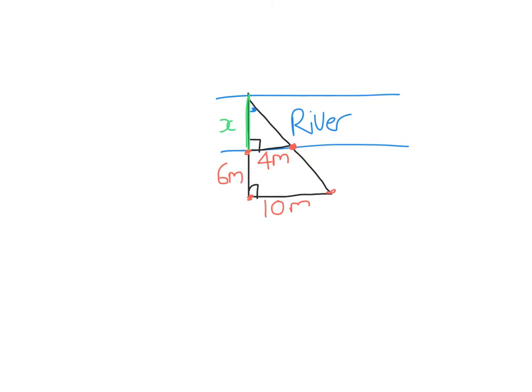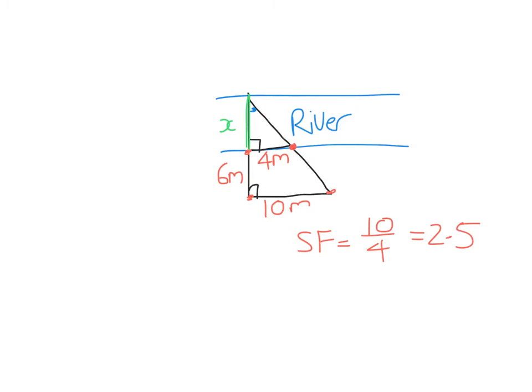So we can easily calculate the value of x. So the scale factor is easy to calculate. It's just side in the larger shape over corresponding side in the smaller shape. Scale factor 2.5, each side in this large triangle is 2.5 times its corresponding side in the smaller triangle.